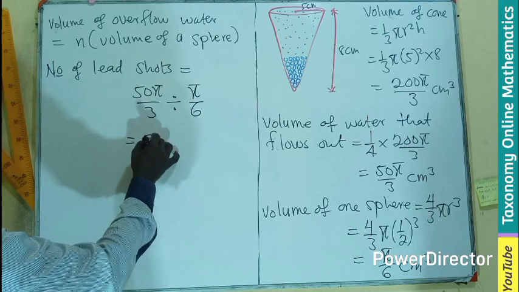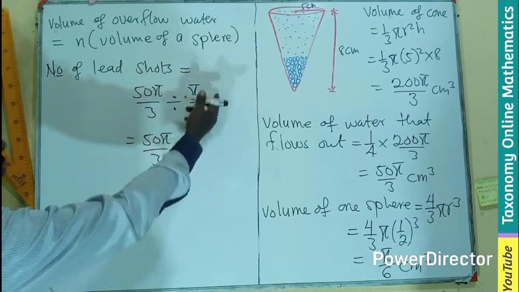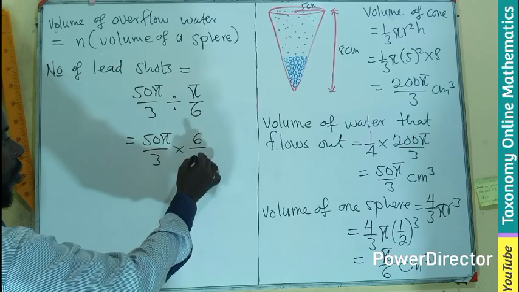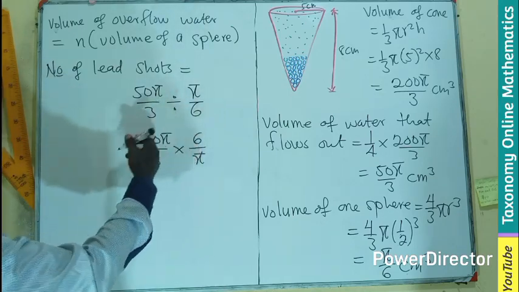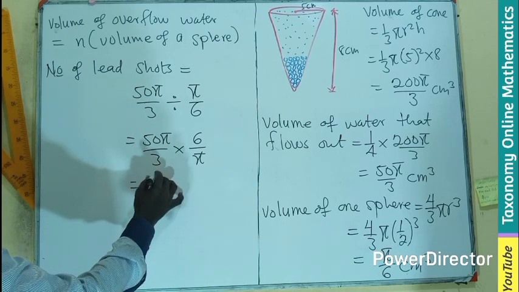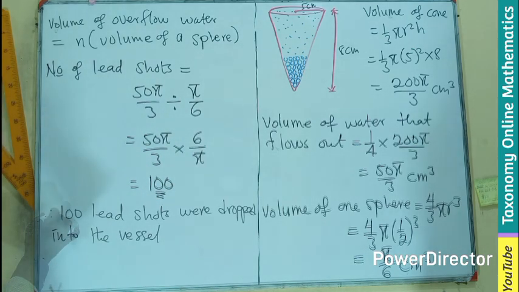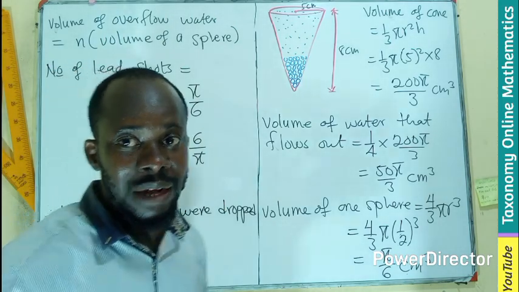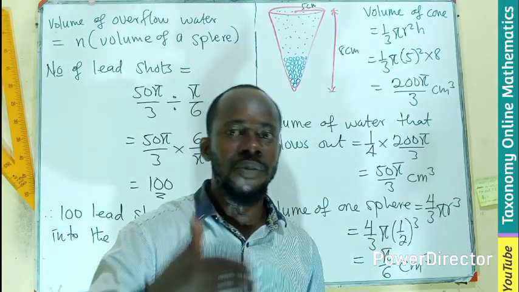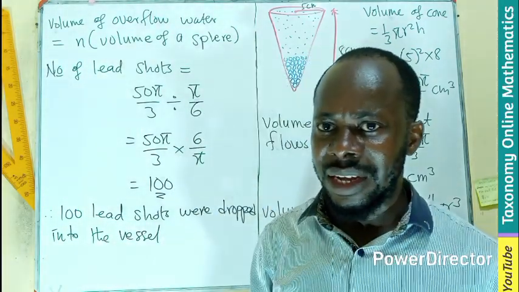This is 50 pi on 3 times, reciprocating this, 6 on pi. Pi will cancel pi, 3 goes into 6 two times. 2 times 50, that's 100. So we can conclude that 100 lead shots were dropped into the vessel, which caused 1/4 of the volume to overflow. I believe this also gives you understanding.